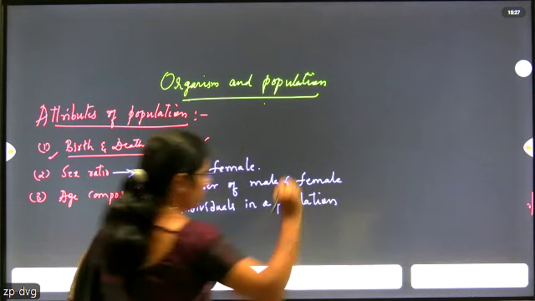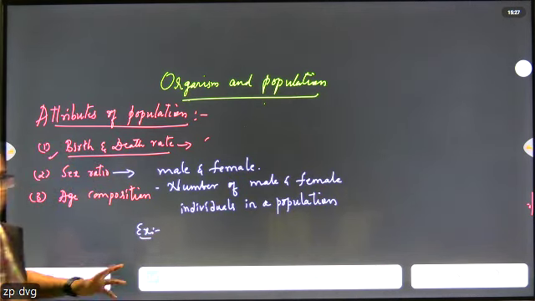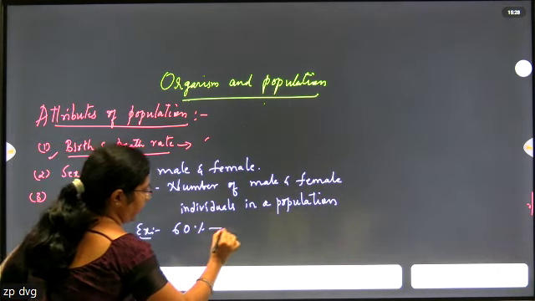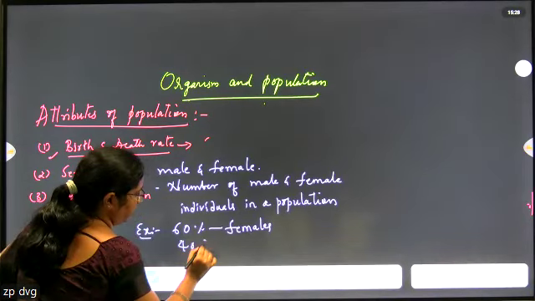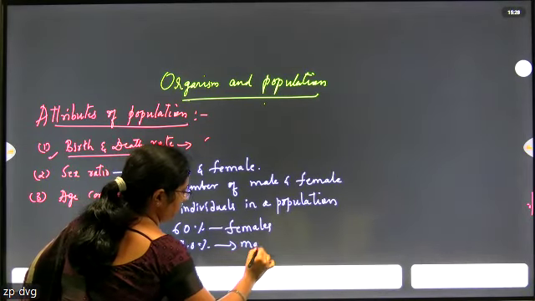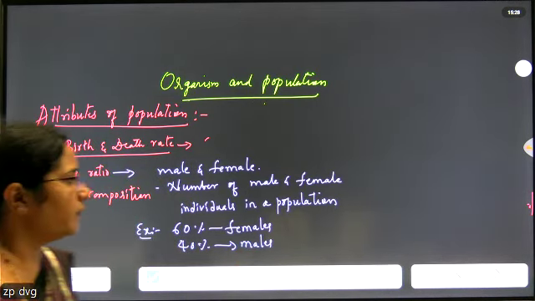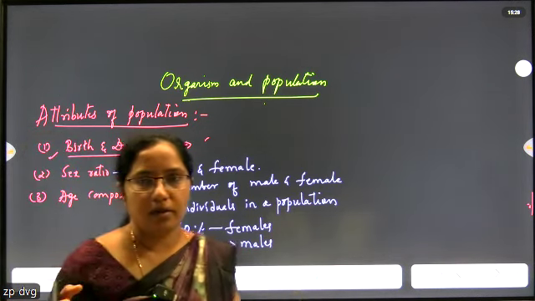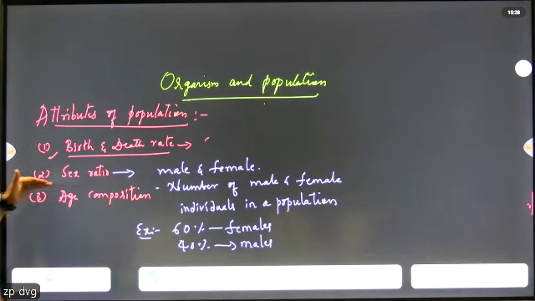For example, if 100% individuals are there in a population, out of that 60% are females and the remaining 40% are males. By this data, we can explain the sex ratio. Once we know about the sex ratio, it is very easy to tell whether the population is increasing or decreasing. So this is about the second attribute, sex ratio.